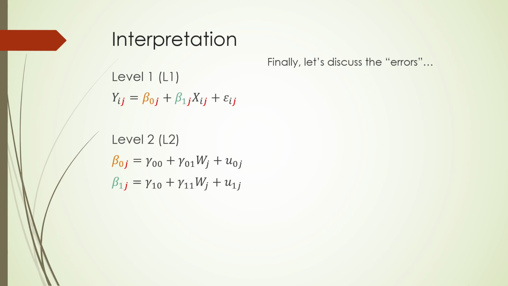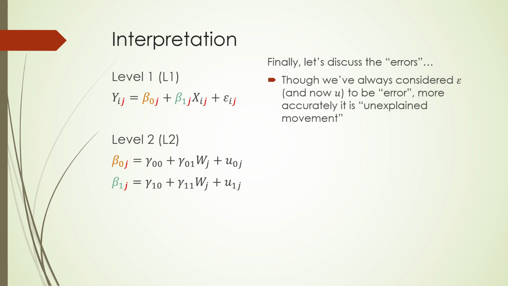All right, within these models, it's important to consider the last terms, and these are actually some of the most important things in hierarchical linear modeling. And we've always considered epsilon and u to be error, but again, more accurately, these represent unexplained movement.